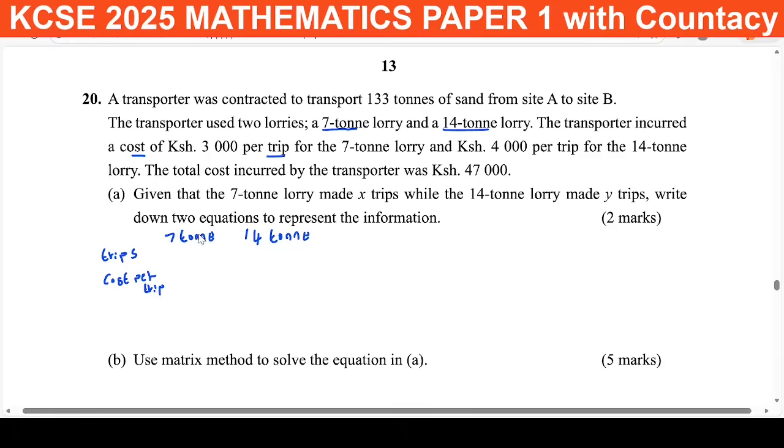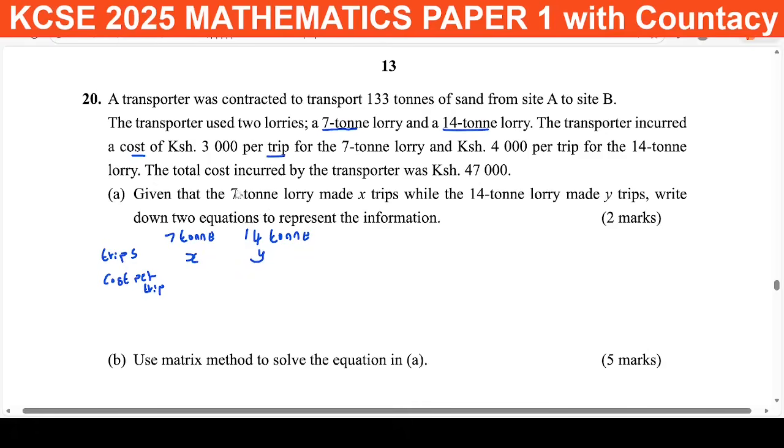For the 7-ton, how many trips did this lorry make? We are told that the 7-ton lorry made X trips, so that's X, and the 14-ton lorry made Y trips, so this is Y. What else?